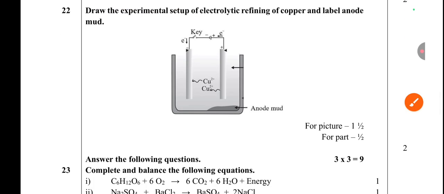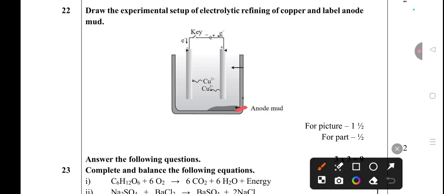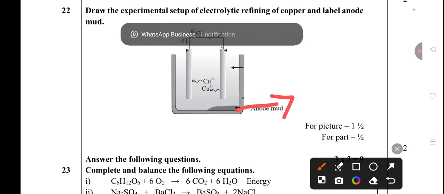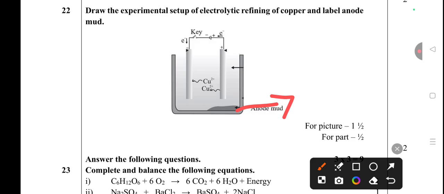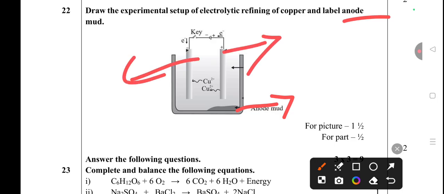Question number 22: draw the experimental setup of electrolytic refining of copper and label the anode mud. Whatever mud settles down is the anode mud. This is the anode, and this is the cathode.